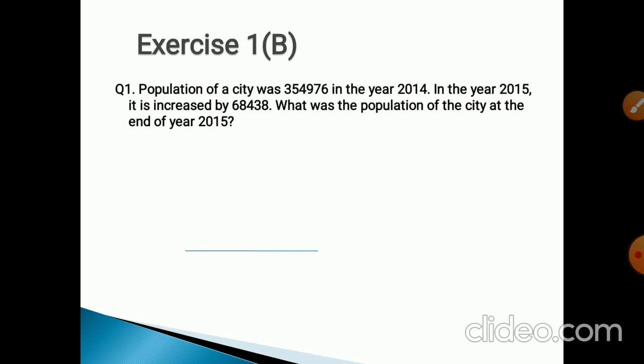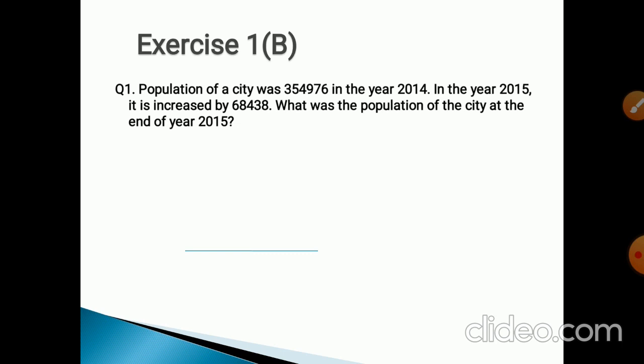So our question is, the population of a city was 3,54,976 in the year 2014. In the year 2015, it increased by 68,438. So we need to tell what was the population of the city at the end of the year 2015.